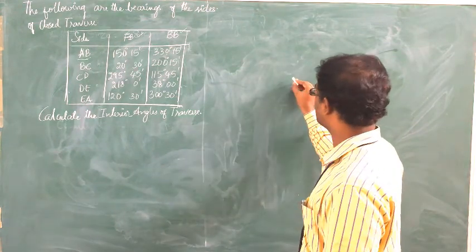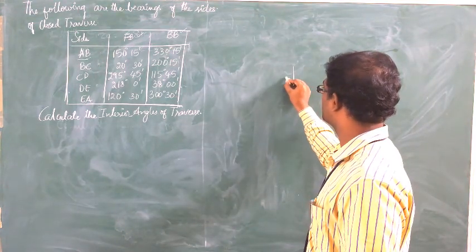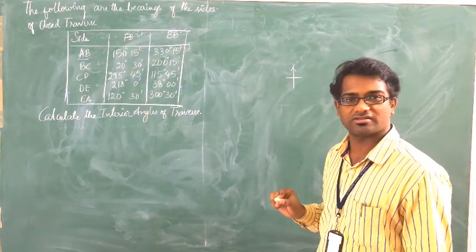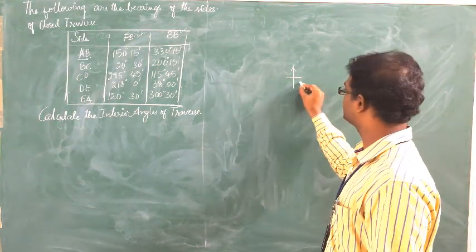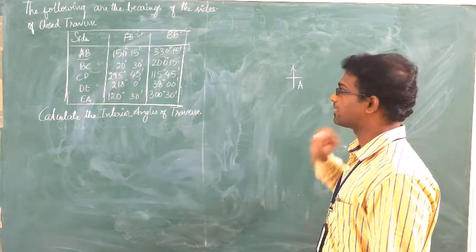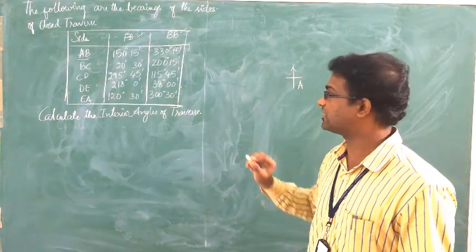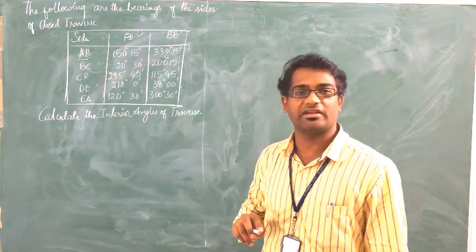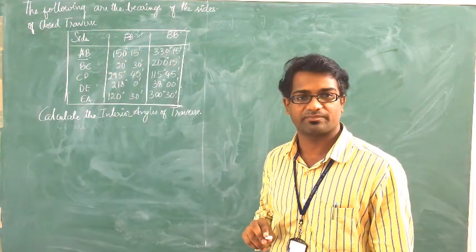Now I am starting with station point A. Draw the symbol for station point A. In the question, it is given that forebearing of AB is 150 degrees 15 minutes.